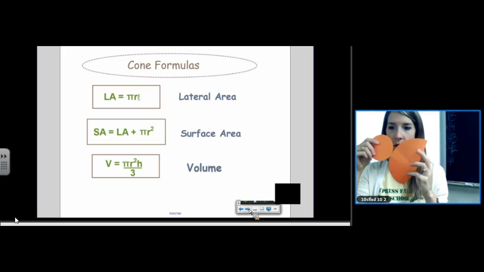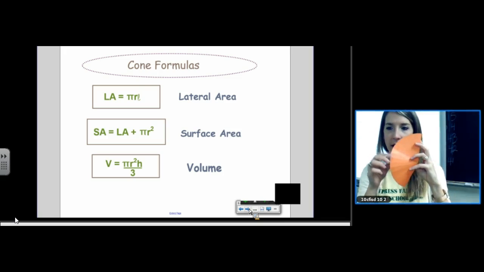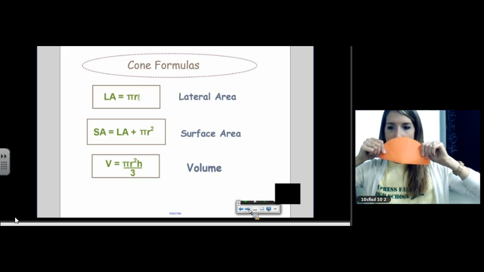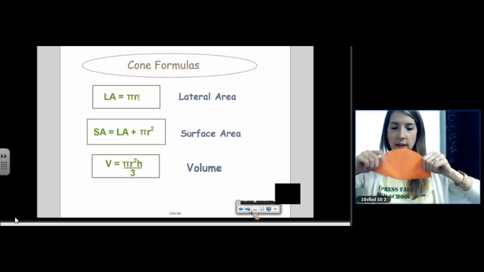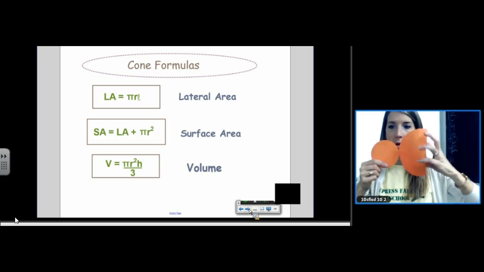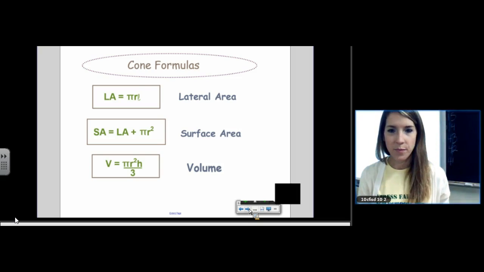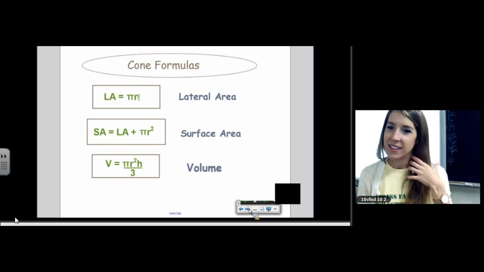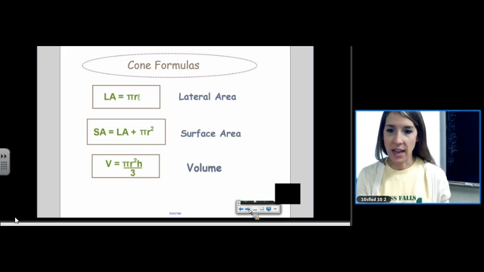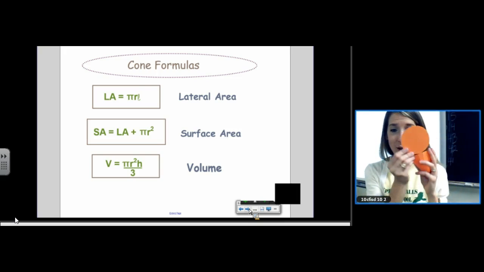Here's the net of a cone. So when you find the LA, you're finding this part of the cone. And when you find the SA, you're obviously finding this whole part of the cone. So the total surface area, you take the lateral surface area and you add in a circle.